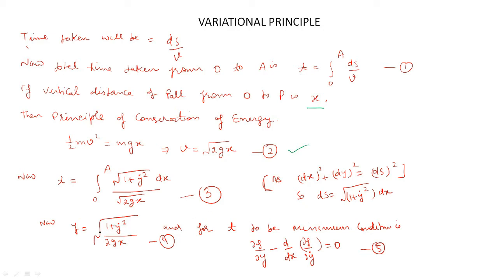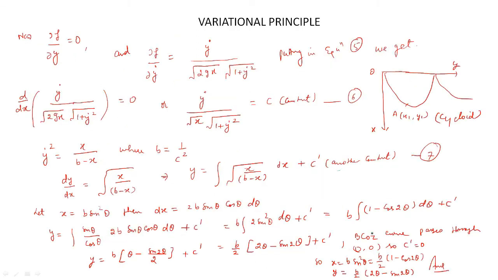Now because your function is like this, you can use the Euler-Lagrange condition, that is del f over del y minus d over dx of del f over del y dot equal to 0. Let us say it is equation number 5. Now we will find del f over del y, and that is equal to 0.